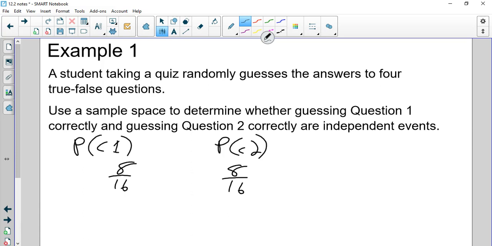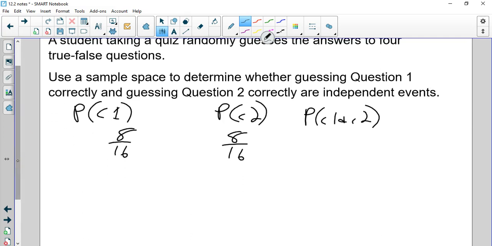So, the probability of correct 1 and correct 2 is going to be these two multiplied by each other. In this case, it would be easier to reduce. This is 1/2 and this is 1/2. So you're going to do 1/2 times 1/2, which is 1/4.